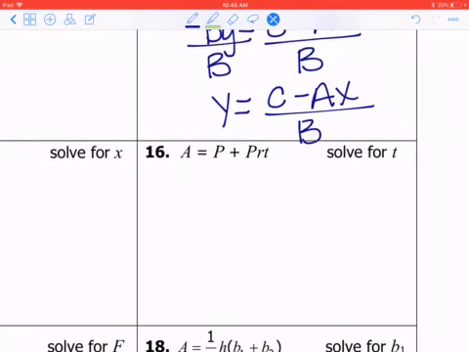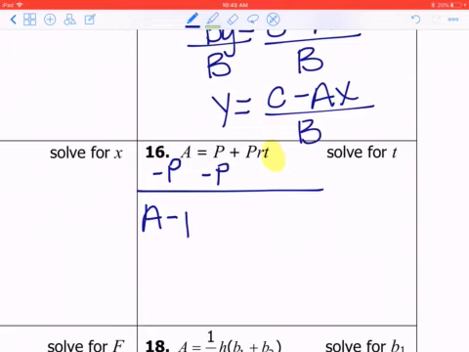16. Now we're solving for the variable d, which is over here. First step, subtract p. So then you have a subtract p equals PRT.